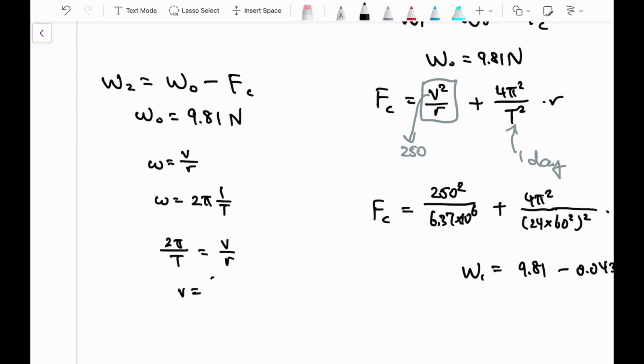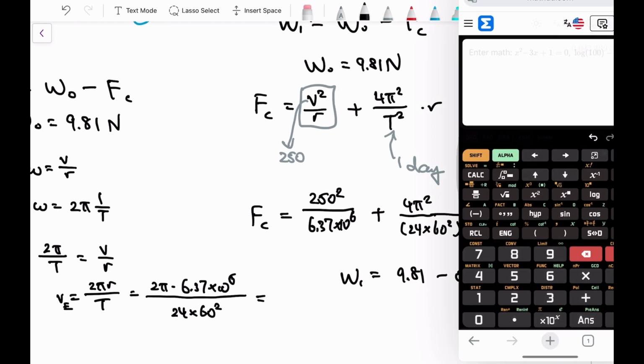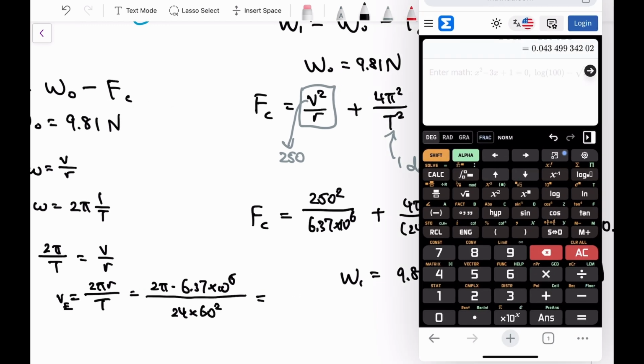V in this case will be 2 pi R over T. And so VE will be equal to 2 pi times 6.37 times 10 to the 6 over 1 day, which is 24 times 60 squared.